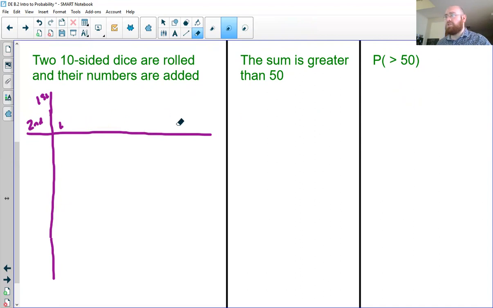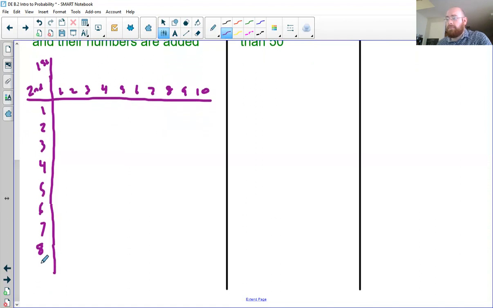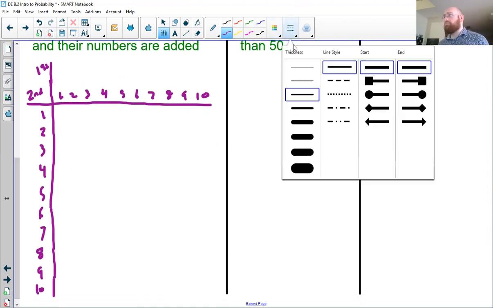I'll smush them closer together. So 1, 2, 3, 4, 5, 6, 7, 8, 9, 10. There we go. And then our second die, 1, 2, 3, 4, 5, 6, 7, 8, 9, and 10. So now that I've accounted for both dice, I can make the sum.